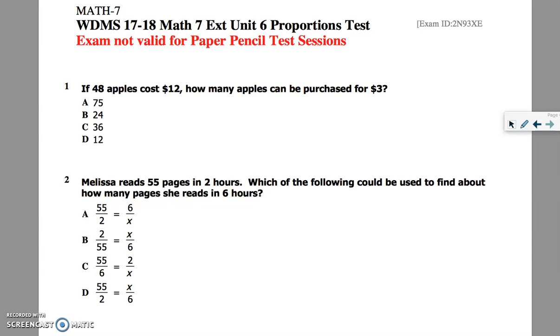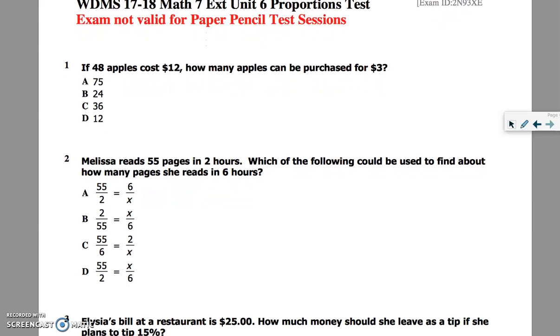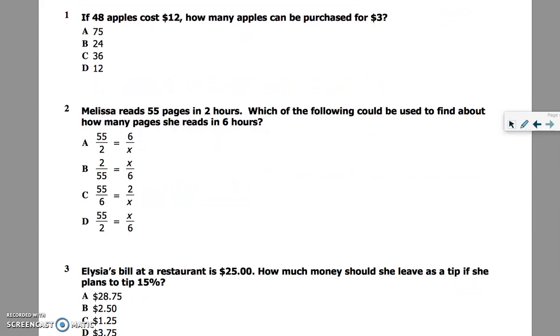If 48 apples cost $12, how many apples can be purchased for $3? This is one of our proportion problems.